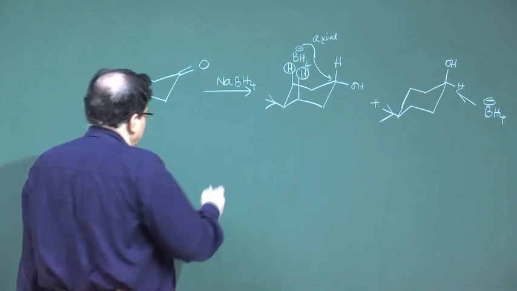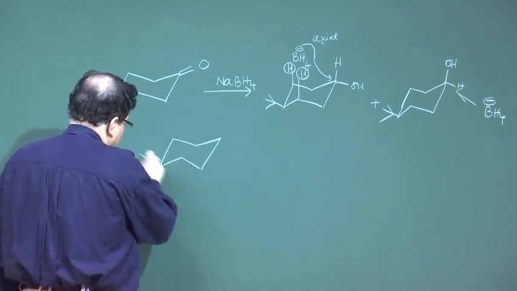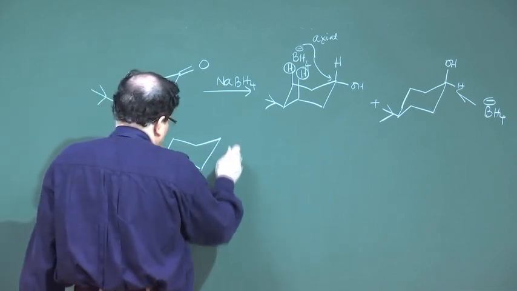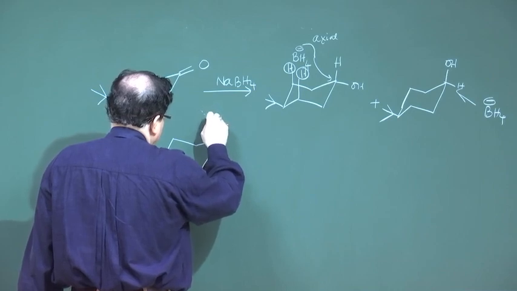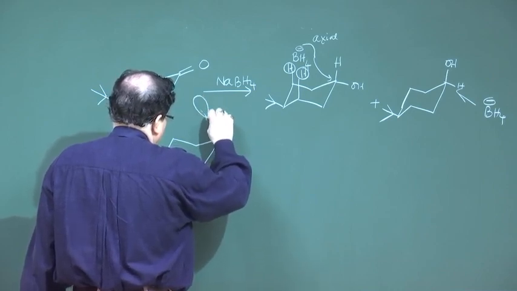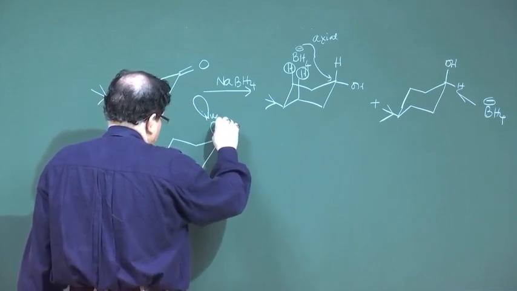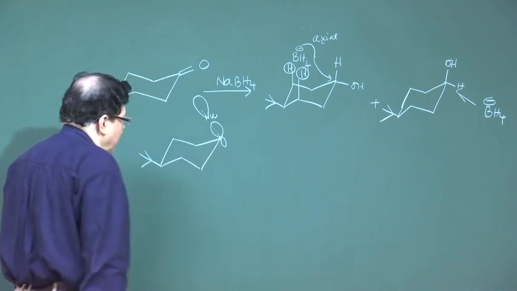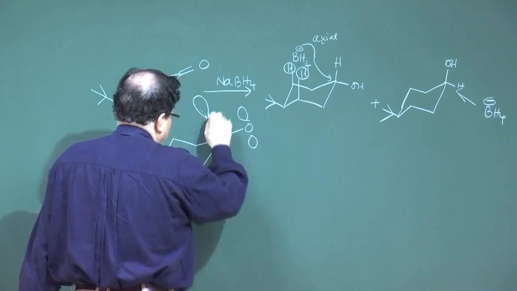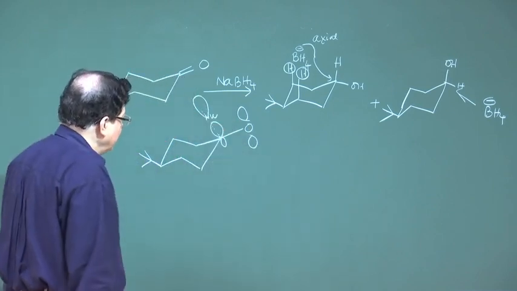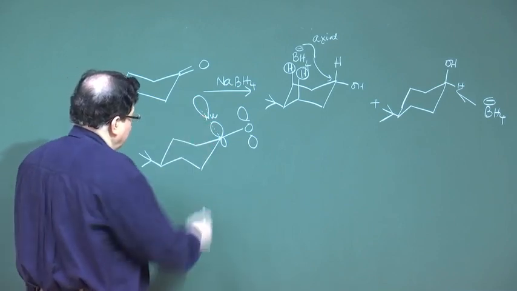Now, later on Felkin gave a very good model, which is based on the stereoelectronic effect, the stabilization of the transition state. See, when the nucleophile approaches from this side, if you consider the antibonding of this interaction, the carbonyl goes like this. So, this orbital will now interact with the nucleophile orbital, and that will give two scenarios. One is bonding, another is antibonding.